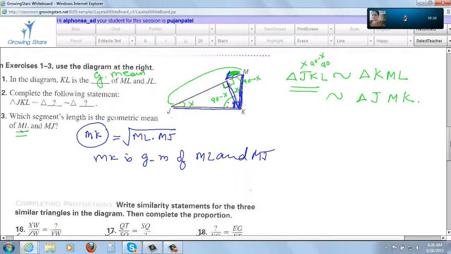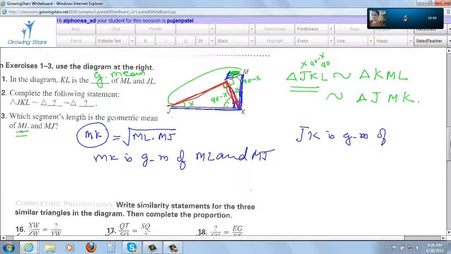What will be the JK? JK is the geometric mean of... see which is the segment close to that. Just the segment, this KL? No. KL is the altitude. KL is one of the altitudes. So you leave that out.